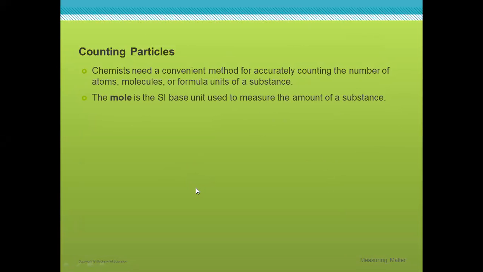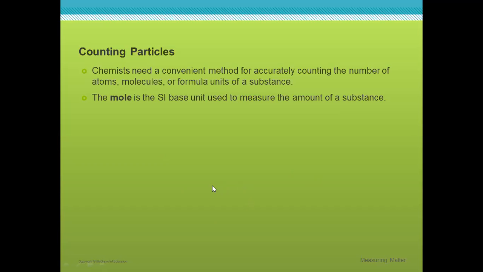The mole is the SI base unit used to measure the amount of substance. Rafa, what's meant by mole? The mole is the SI base unit used to measure the amount of a substance.